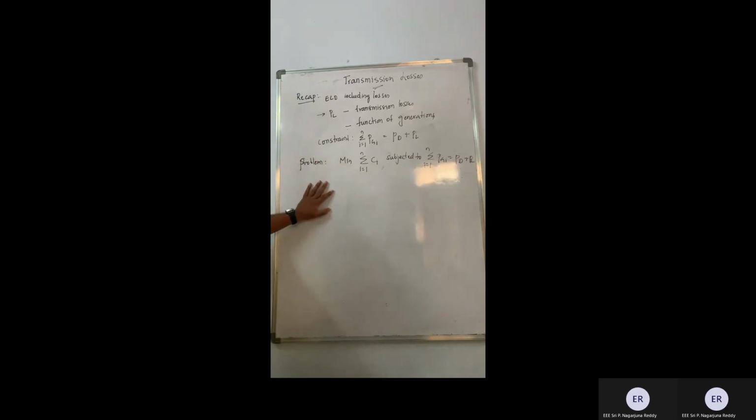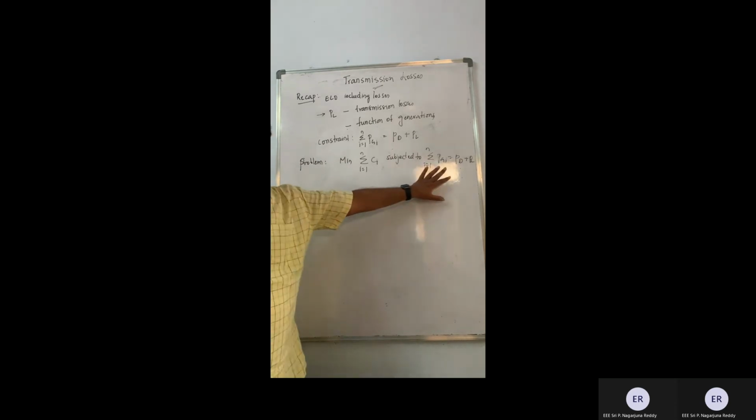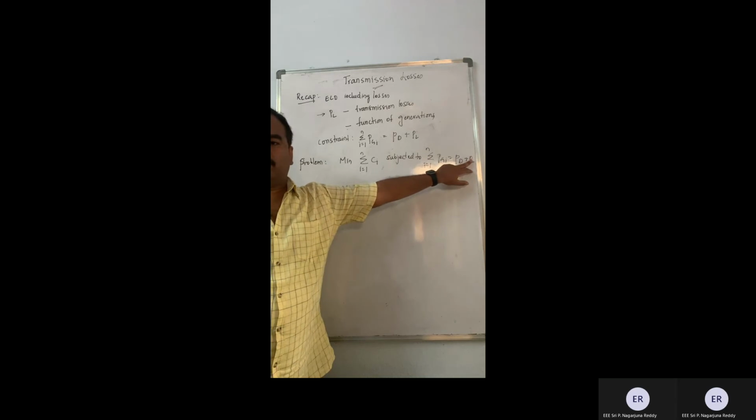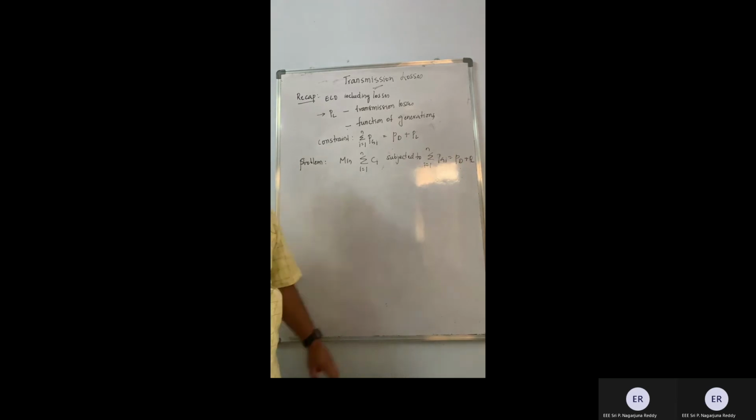This was our problem yesterday: minimization of total cost of generation subjected to this constraint. The only term which was included here was PL, which is the transmission losses of your entire system.